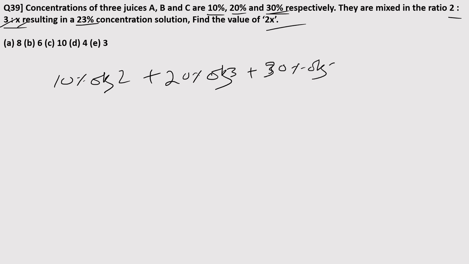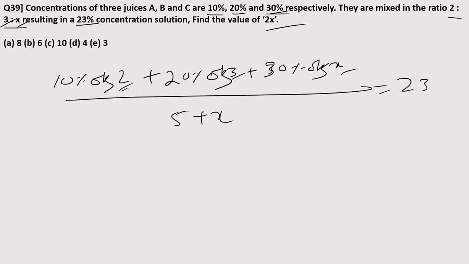I am simply applying the weighted average formula because I have to find the overall and then equate. A1W1 plus A2W2 plus A3W3 divided by W1 plus W2 plus W3, divided by 2 plus 3 plus x. This is 5 plus x.